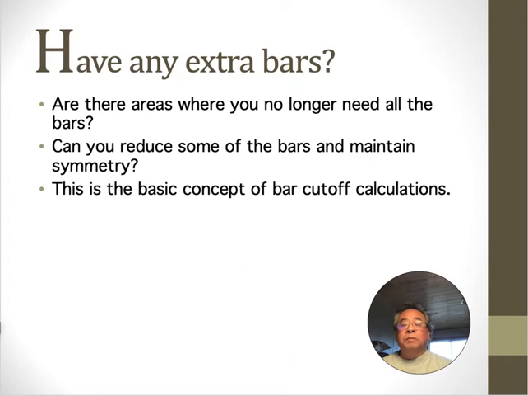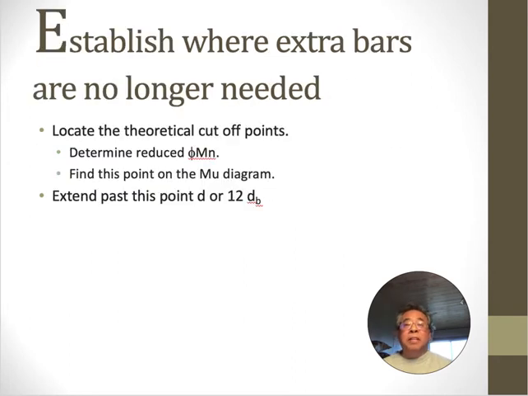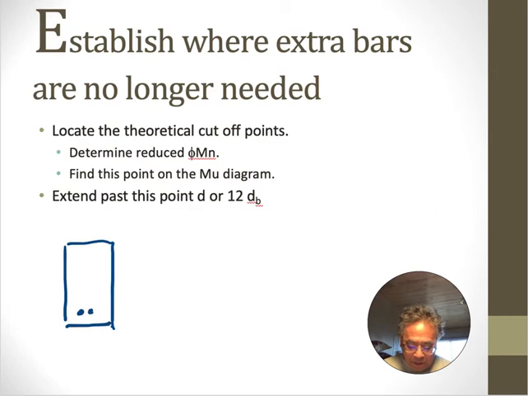Once you've decided that you do have extra bars, then you need to establish where those extra bars are no longer needed. You need to locate the theoretical cutoff points, that is, where you no longer need the bars. So for example, if you had a beam like this and it had 4 bars in it, you could cut 2 of them out.